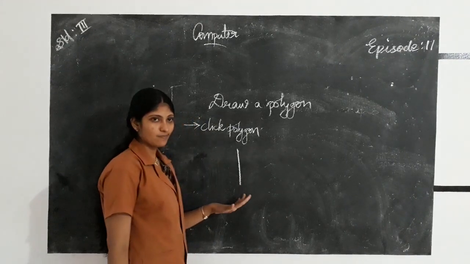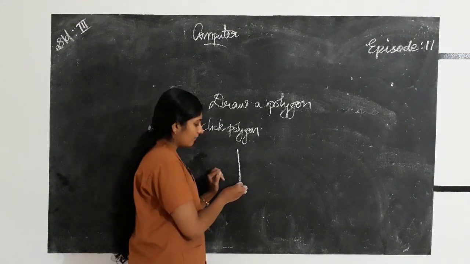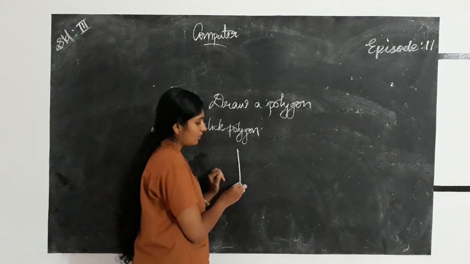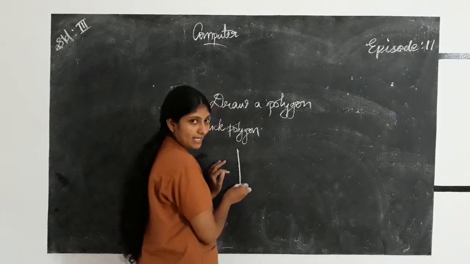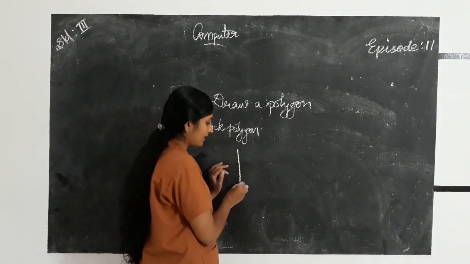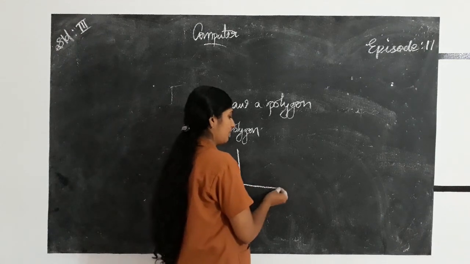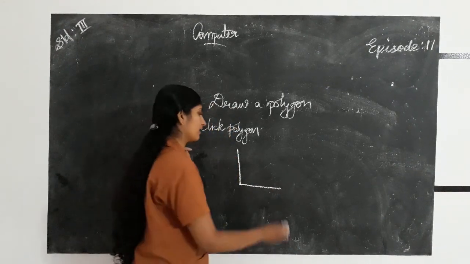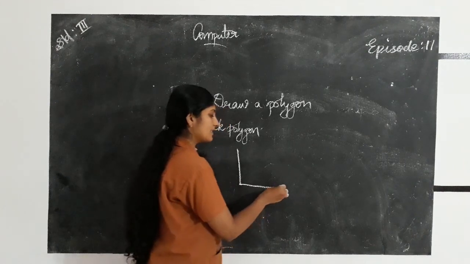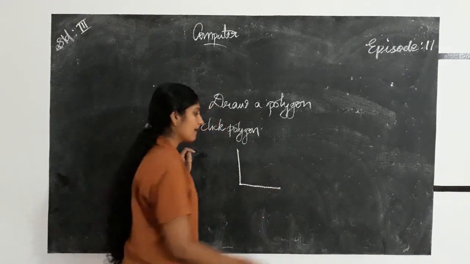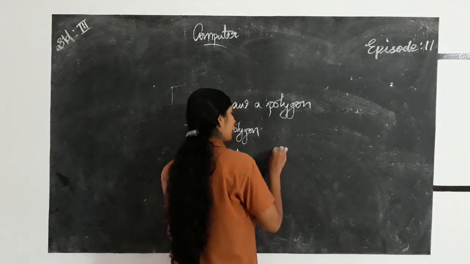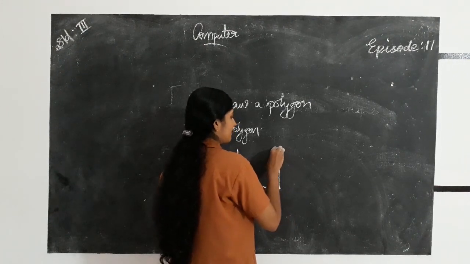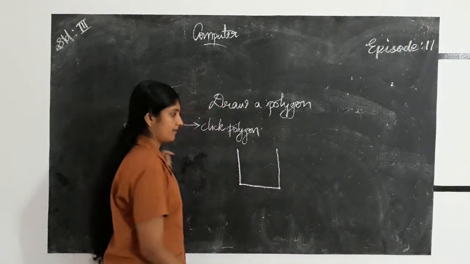Then release the mouse button. Then starting from here, create another line by dragging the mouse to another position. Then next, starting from this position, drag upward, and another line is created.